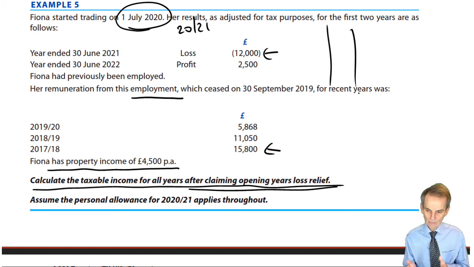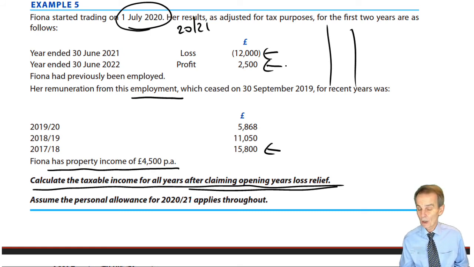In terms of the opening year's loss relief claim, we will be able to go back and set against total income. We know that before we started to trade there was employment income and property income. From when we start to trade, there is initially a nil trading income assessment because we're going to have losses at the start of that trade, before then moving to a profit figure, though not very much of it here, in the second accounting period.